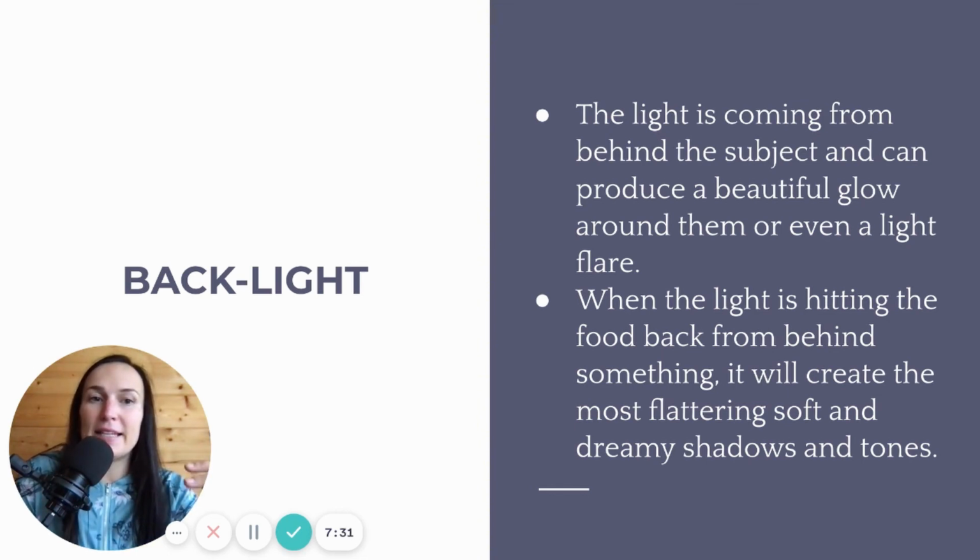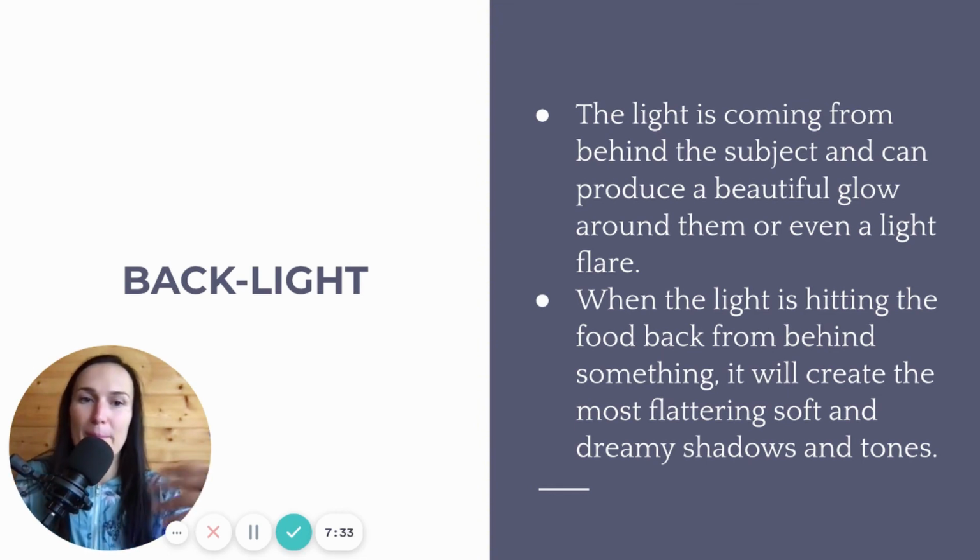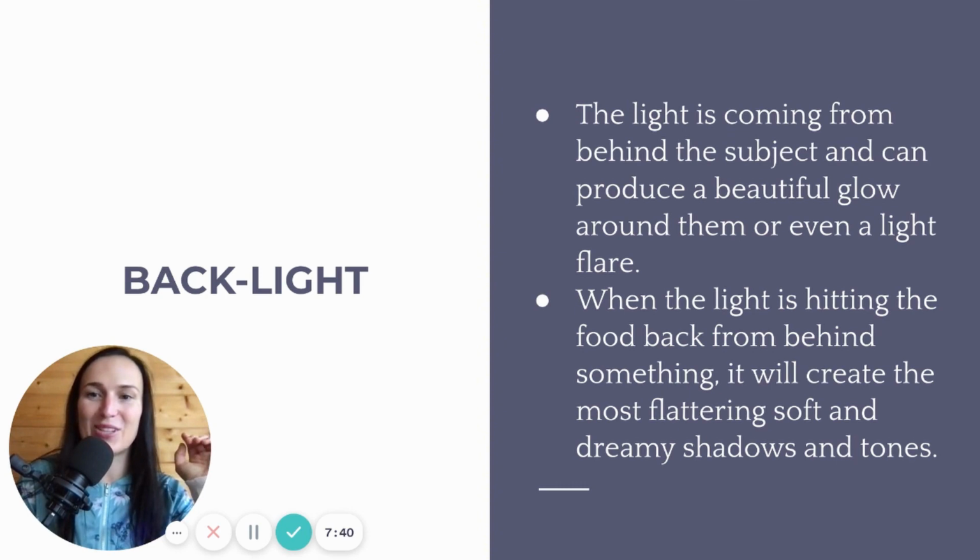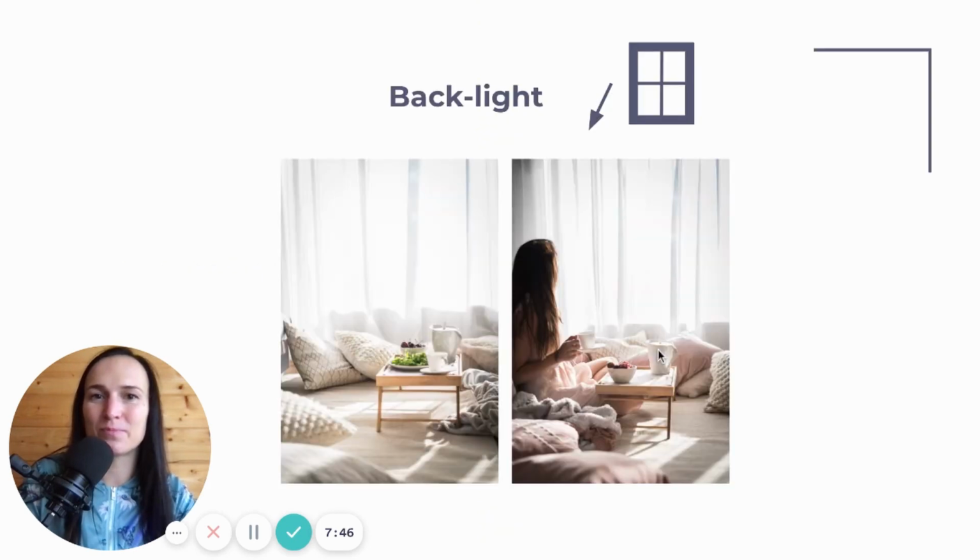And then when the light is hitting the food from the back, sometimes it creates the most flattering, soft and dreamy shadow tones in general. So this is something super dreamy and magical. And then, for example, here I had the backlight, the window was obviously behind the subject, and it created that dreamy look here.